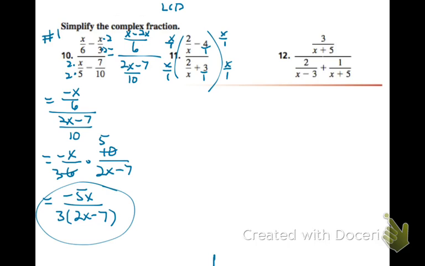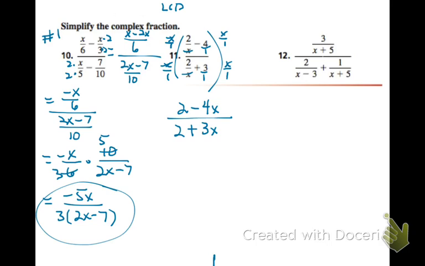So x times 2 over x simplifies to 2. 4 over 1 times x over 1 just simplifies to 4x. In the denominator, x times 2 over x simplifies to 2, and then 3 times x is 3x.